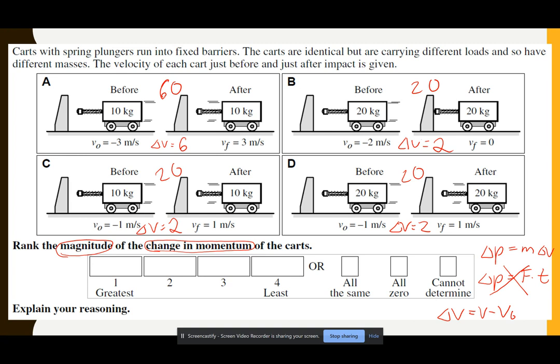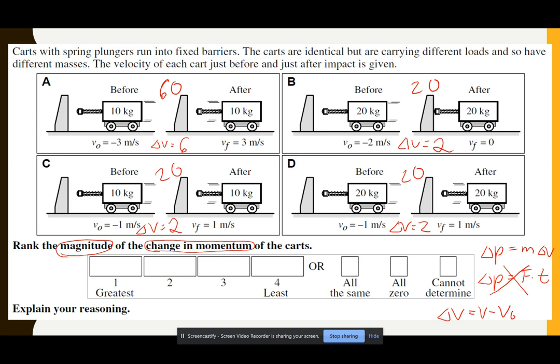So yeah, all of them are almost the same, except did I mess up on this negative one? Hold on. 3 minus a negative. Nope, I didn't. Just making sure I didn't mess up. So there we go.